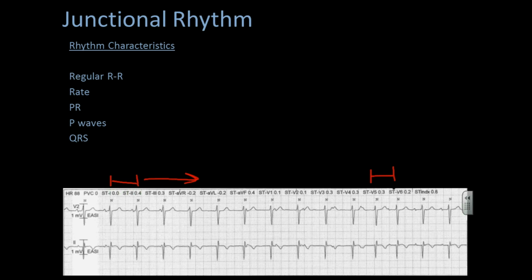So yes and no. I'm just going to say that's not applicable right now. Let's move on to the rate. It's like 88 beats per minute.